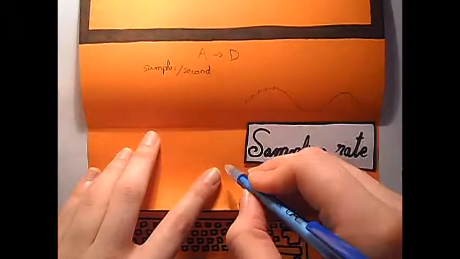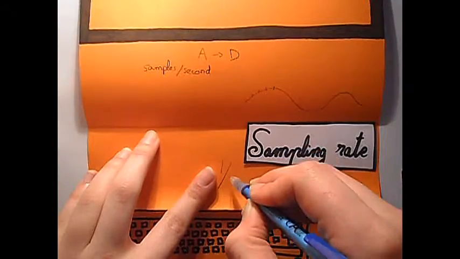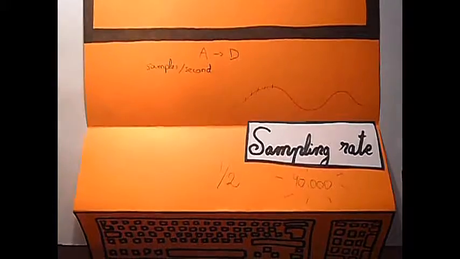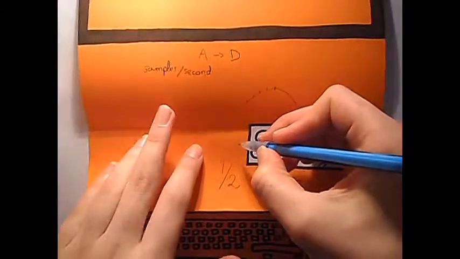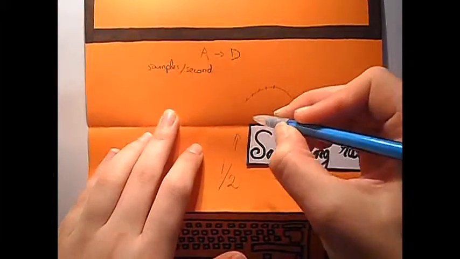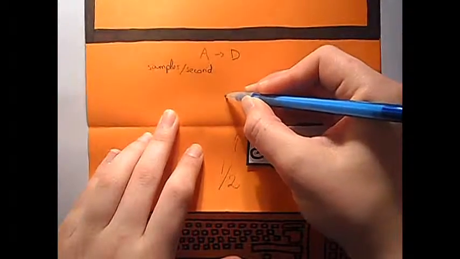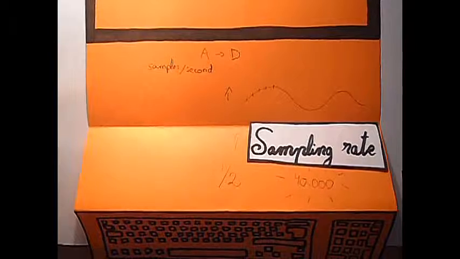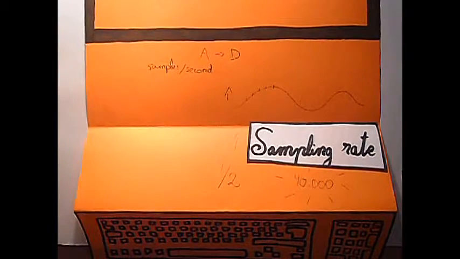But even if it's very fast, we can only represent half of the sampling rate digitally. So the higher the sampling rate is, the higher the number of samples per second we take will be. Easy, isn't it?